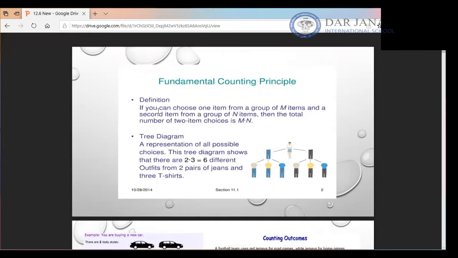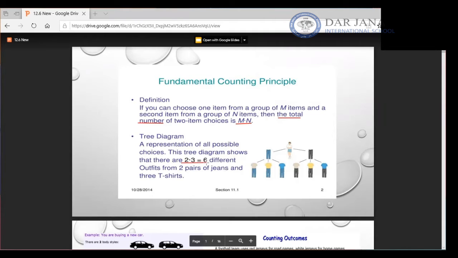As a definition, if you can choose one item from a group of M items, which are the jeans, 2 you have, and a second item from a group of N items, which are the tops, 3 colors, then the total number of two-item choices, let me underline the word total, will be M times N, which in this case is 6.